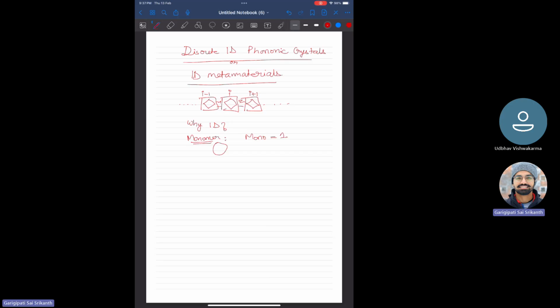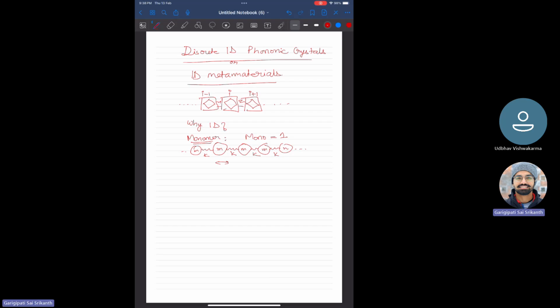So we'll have systems where these are identical masses connected with identical springs. Let's say the masses are M, M, M, M, all of them, and the stiffnesses are K, K, K, right? And the particle motions are restricted, let's say, in the horizontal direction.